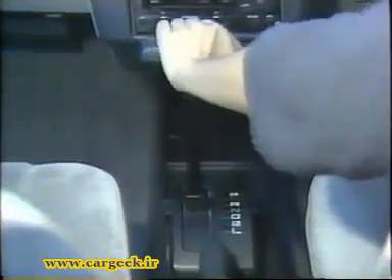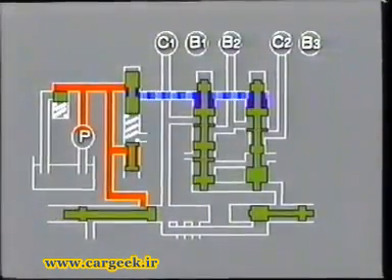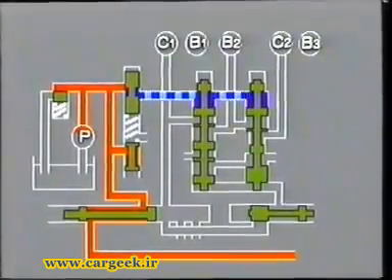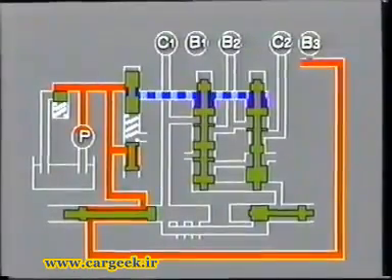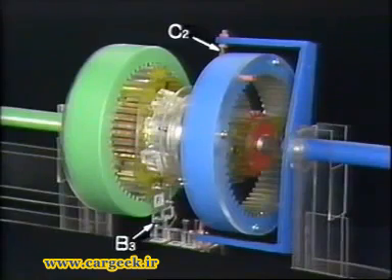When the driver wants to back up, she moves the shift selector lever to reverse. And the manual valve opens up fluid passages to both clutch C2 and brake B3. When clutch C2 engages, it transmits the rotation of the input shaft to the sun gear.